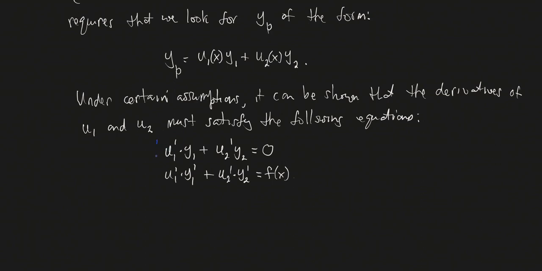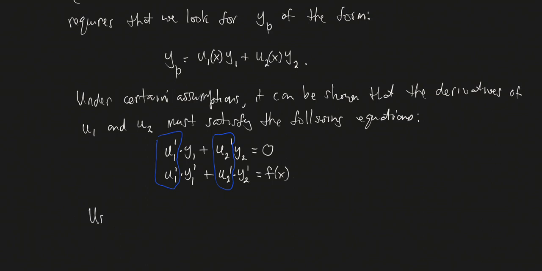One unknown is U1 prime, and then here is another one, U2 prime. It's almost like it is set up like a linear system. And I am going to use Cramer's rule to solve this, because when you have things symbolic like this, Cramer gives us specific formulas to work with.